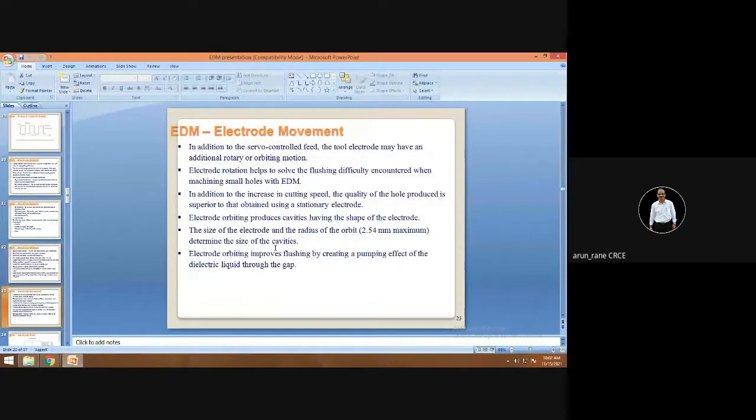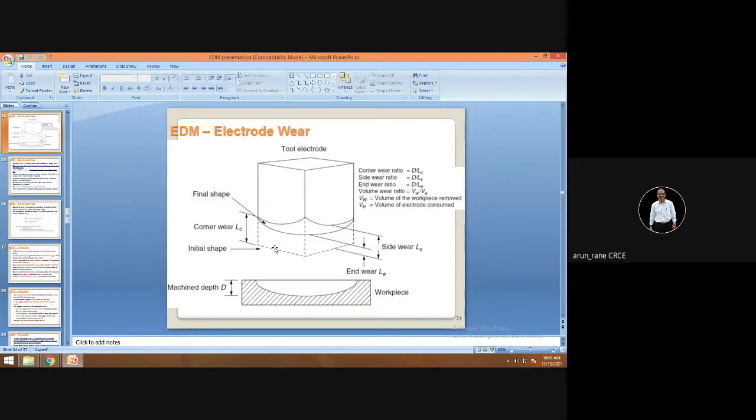So generally copper is preferred, but then copper has less cutting rate, less material removal rate. So that's why graphite is used for roughing. If a deep cavity is to be machined, then we use graphite first for roughing or semi finishing, and then we use copper for finishing. So this is how, as a shop floor supervisor or shop floor engineer, you have to reduce the machining time.